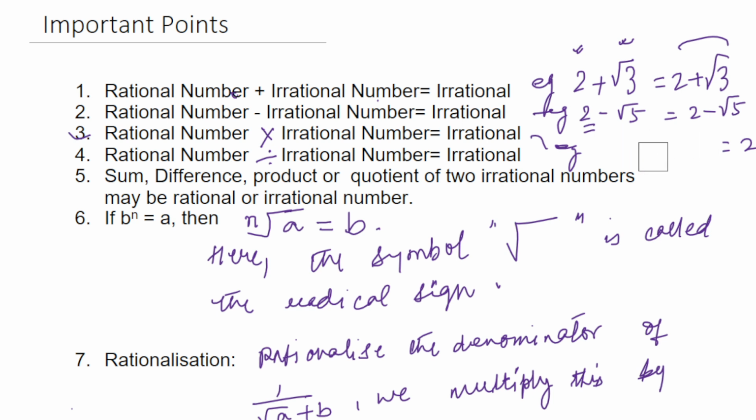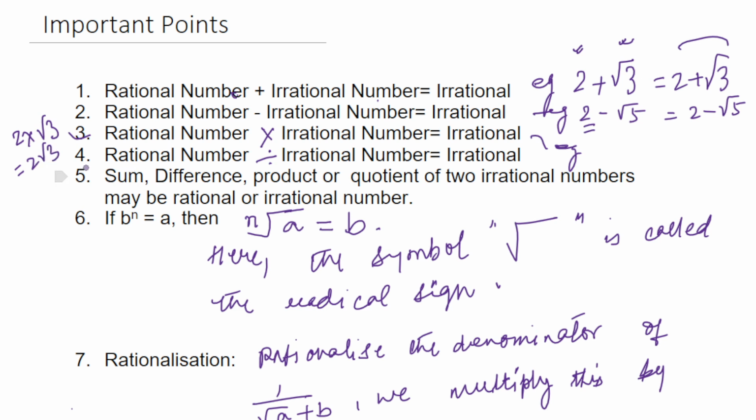Point number 3 is 2 into root 3. 2 is my rational and root 3 is irrational. If I multiply, I'll get 2 root 3, which is my irrational number. That means rational multiplied by irrational is an irrational number.